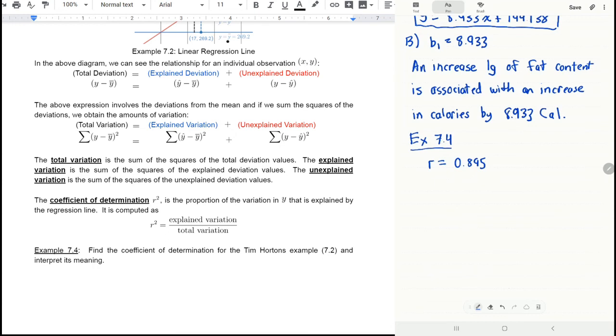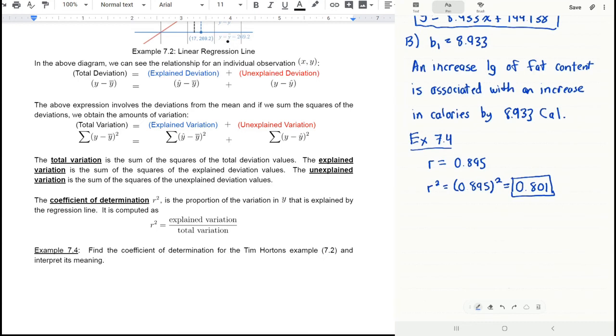To calculate the coefficient of determination, we simply take r and square it. So we have 0.895 squared, which is 0.801. So our coefficient of determination is 0.801.